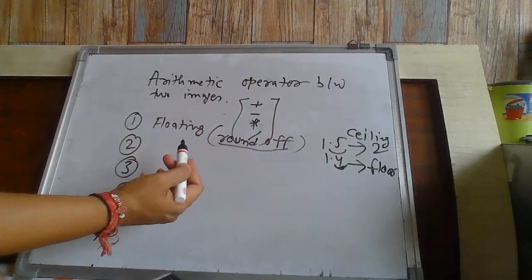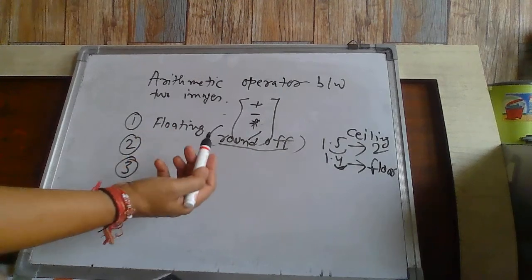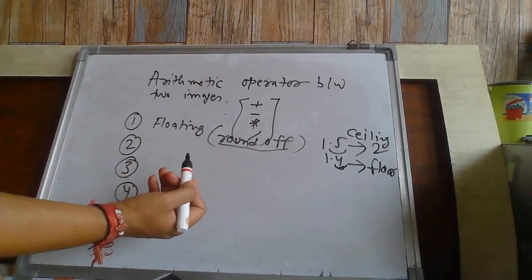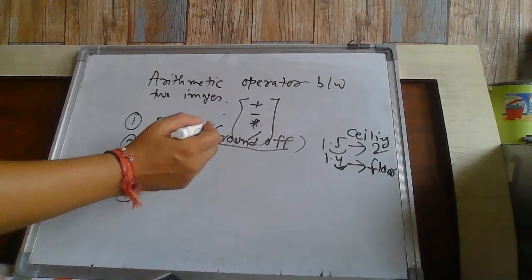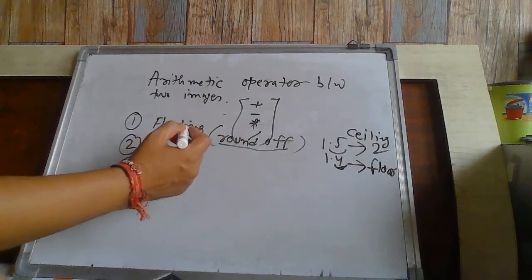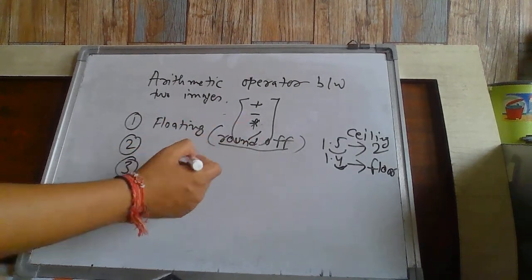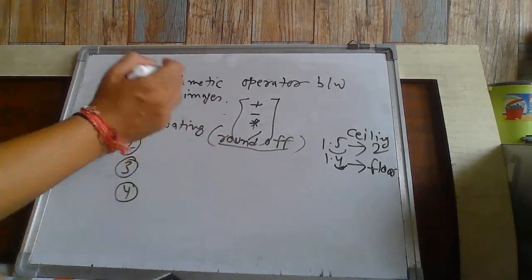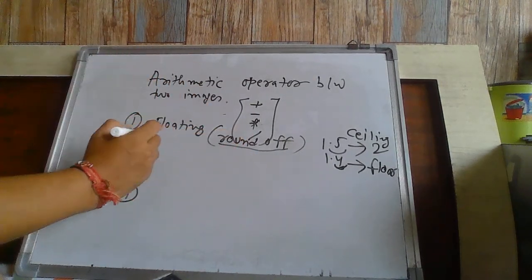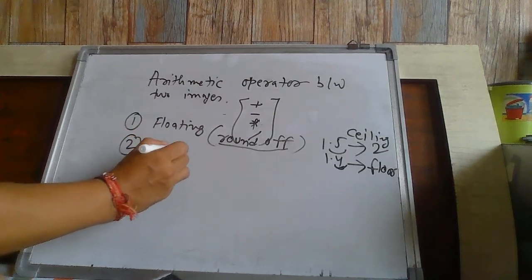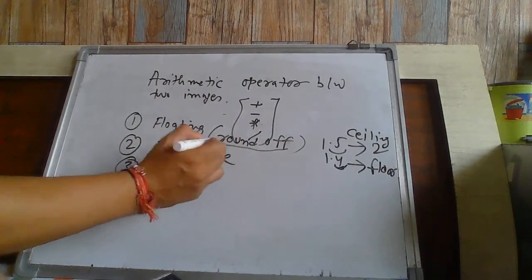Second point: if the result is beyond the pixel range, for example multiplication of two pixels may give you a value beyond the gray level supported by the image under consideration, then your answer should always be the maximum value supported in the image.